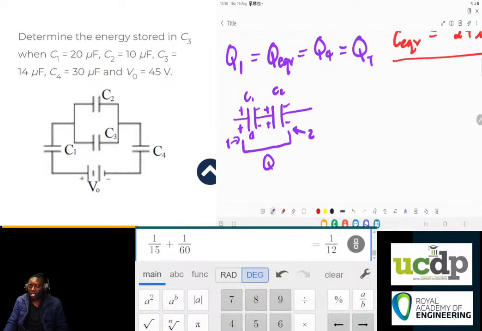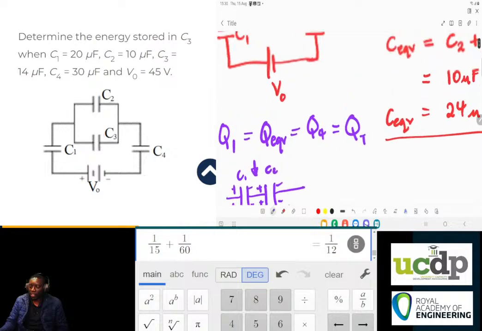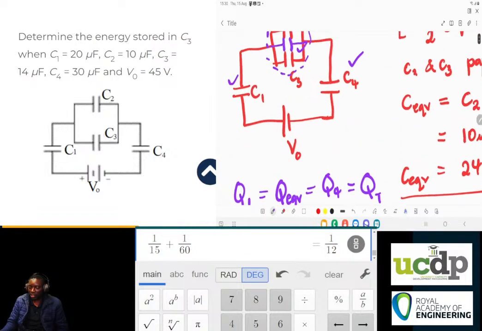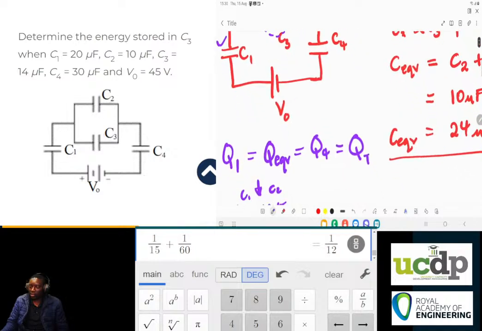This part is isolated, and it just redistributes the charge. So there's just a distribution of charges there, but it doesn't affect the overall charge of the system. As you have already told us, the charge on C1 is equal to the total charge.